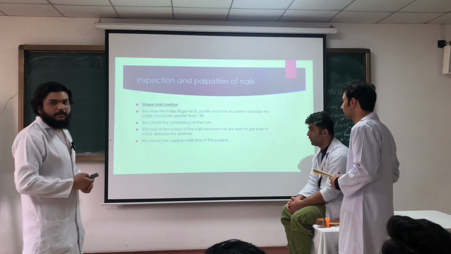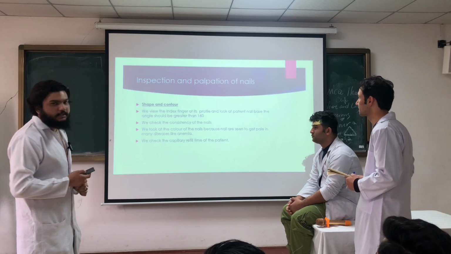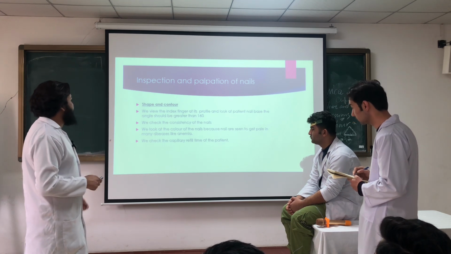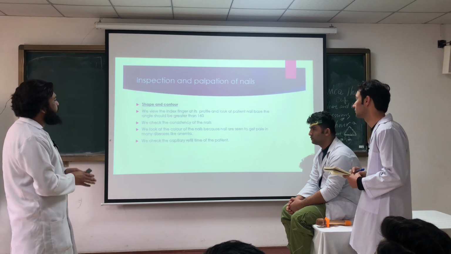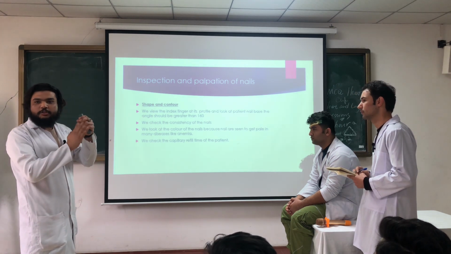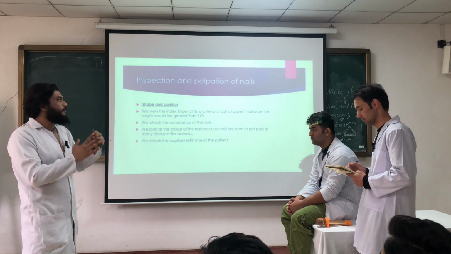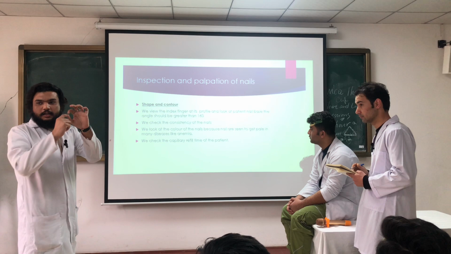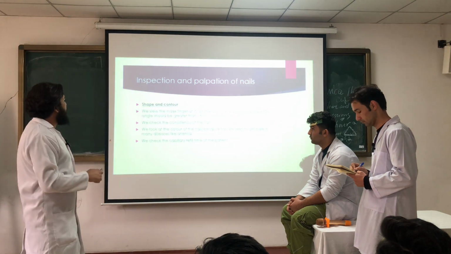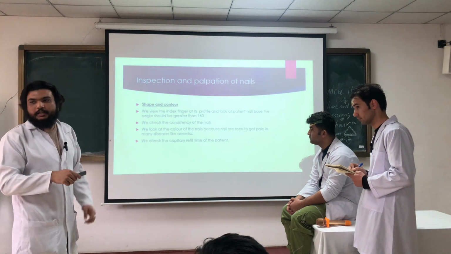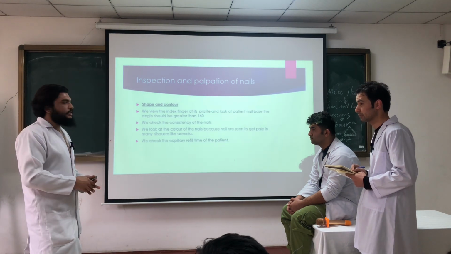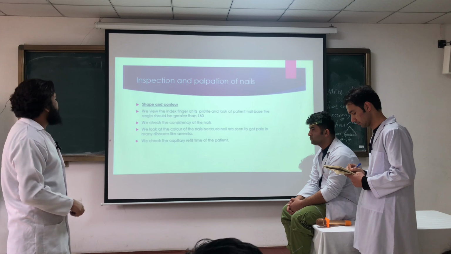Inspection and palpation of nails, which is very important as it is a sign for many diseases. The start should be from the index finger. You'll be using the index finger as a profile, and the nail bed angle should be greater than 160 degrees, because if it's not, like in spooning or clubbing, the angle changes and becomes less than 160 degrees.